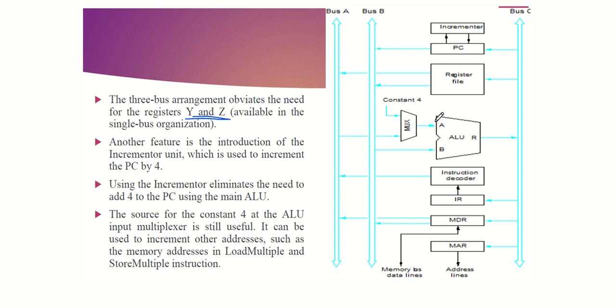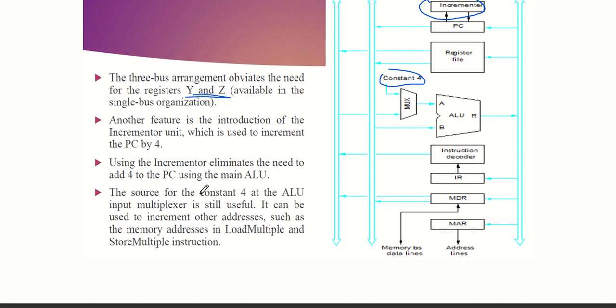So when we wanted to increase the program counter, we had to use the same ALU and select the constant 4. But now there is an increment unit which can be used for the same purpose. Using the incrementer eliminates the need to add 4 to the PC using the main ALU.